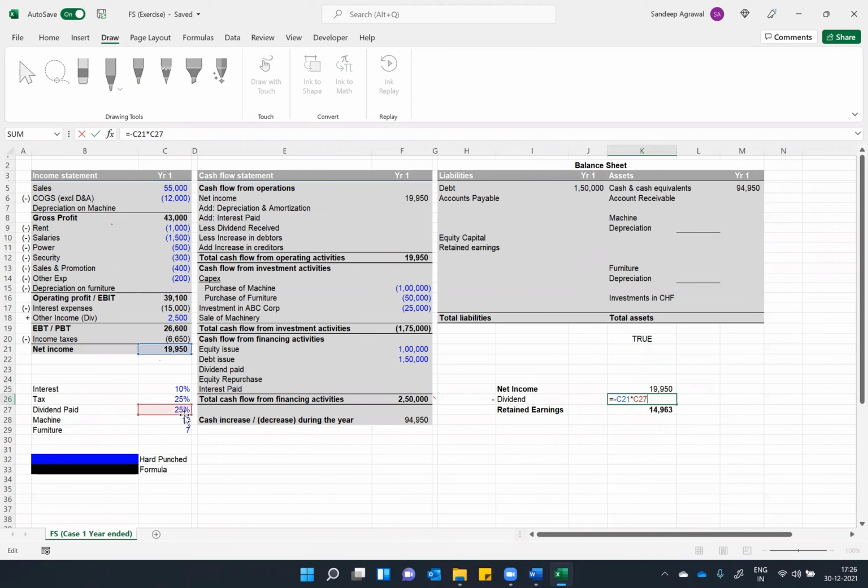We have paid a dividend of 25% to our shareholders. So that we have calculated here, and we have reduced this number from net income to arrive at the retained earnings part. Now this number, we will link it from here, right? Because we have paid a dividend, so any kind of dividend paid should be a financing activity, as we discussed. So I'll just link it from here.